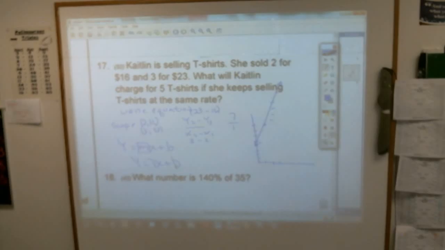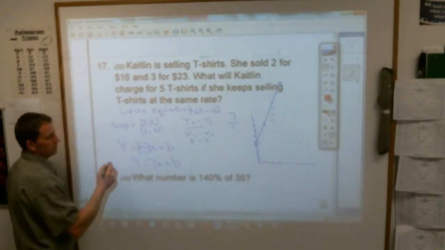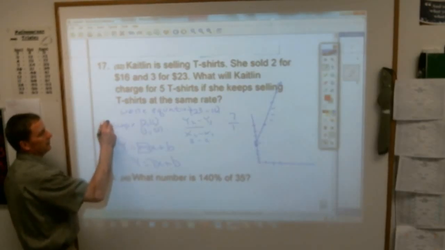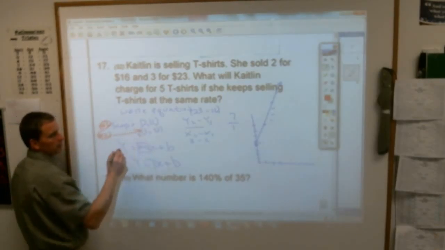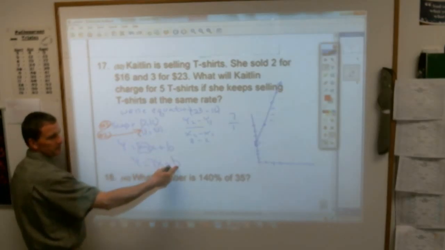Any idea how I can find the letter b? Good. Step number 2 after finding the slope: number 1, slope; number 2, plug one of these 2 points, and it doesn't matter which one, in for x and y and figure out what b is.